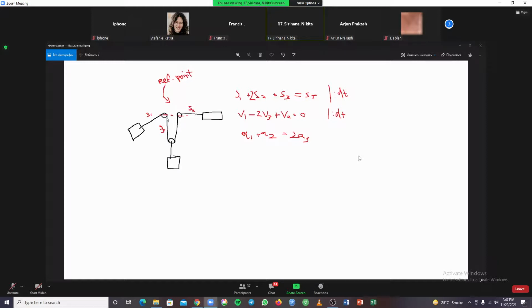Yeah, S2. Okay, and this will be S3. Then S1 plus S2 is equal to 2 times S3. The distance the rope travels above the upper pulleys sums up to the distance the rope travels on the lower pulleys, or the mass M3 travels.